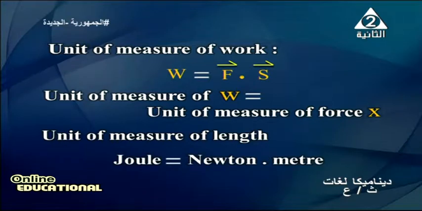Then joule equals Newton times meter. Joule is the unit of measuring the work, the Newton is for the force, and the meter is for the displacement S. And if the force is in dyne and the displacement in centimeter, then the work W is in erg.